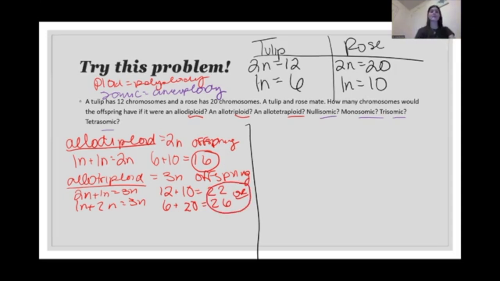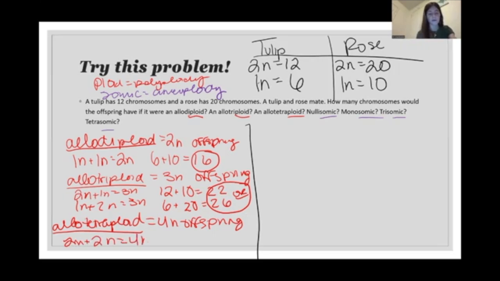And then we're going to look at our allotetraploid. So tetra means 4 and ploid means polyploid, so we're looking for a 4n offspring. How do I get 4n? Well, I would have to do 2n plus 2n to equal 4n.